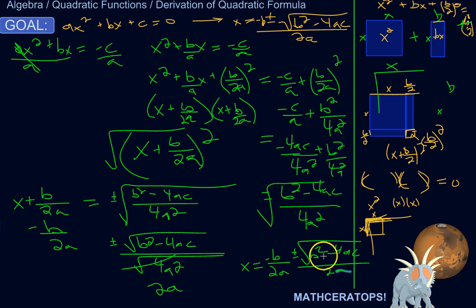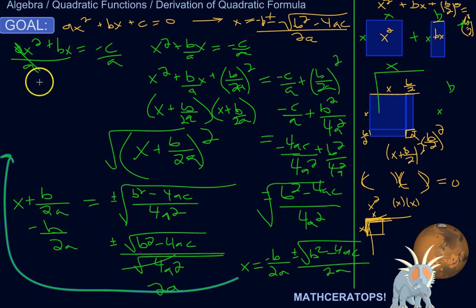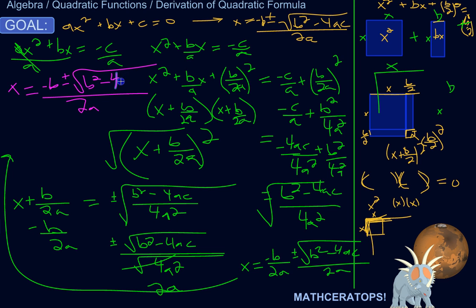These are two fractions with the same denominator, so this is equivalent to x equals negative b, and then all this is going to go over the same denominator, 2a, plus or minus the square root of b squared minus 4ac. Boom, in the bag. Alright, so that's what we wanted.